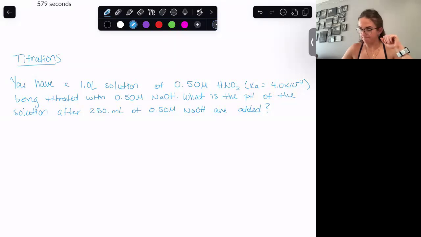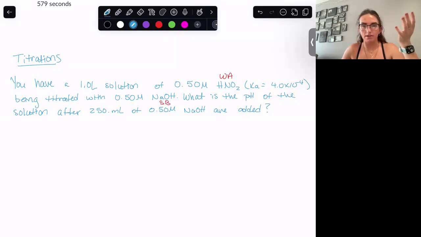What do we call that in terms of weak, strong, acid, or base? Good, so this is a weak acid, and we are titrating with what? What is our NaOH? Good, this is a strong base, perfect. So we have a weak acid, strong base.